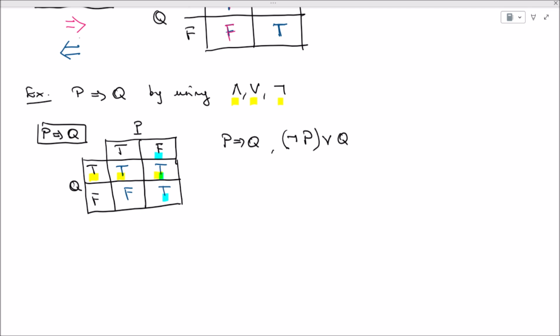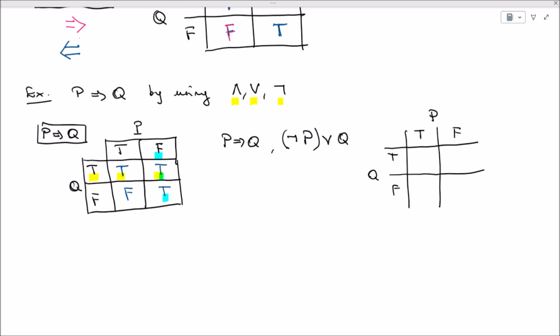So let's try this. Let's say we have P here, true, false, Q here, true, false, and as always, let's build the truth table with these values.